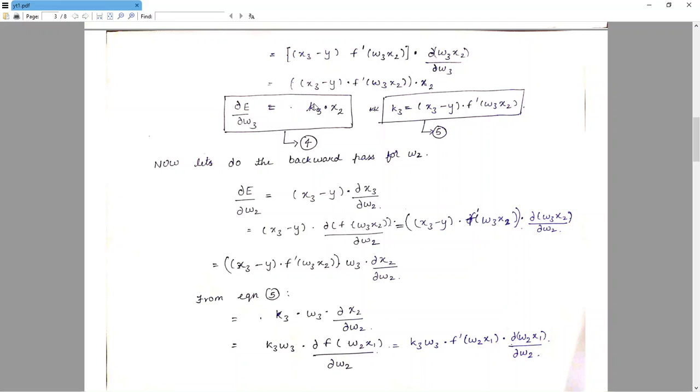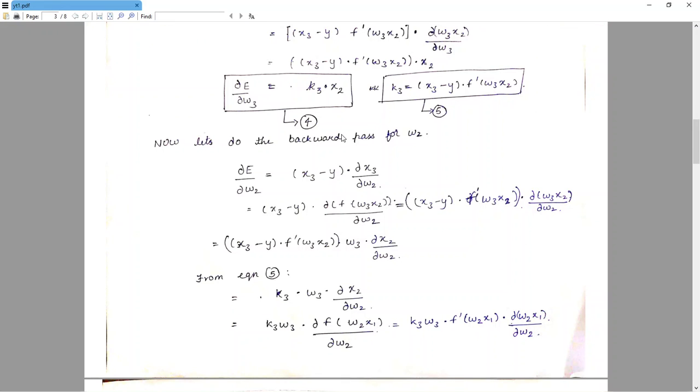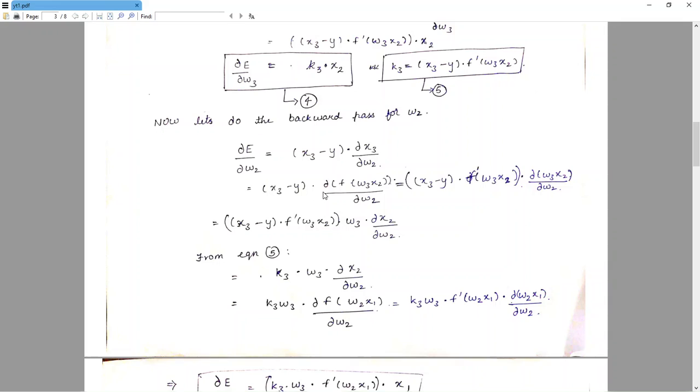There w3 is the variable, but in this case w2 is the variable, so we need to find what other variables are dependent on w2. So x3 is clearly dependent on w2. How, you ask? x3 is equal to f of w3 x2, you got it?